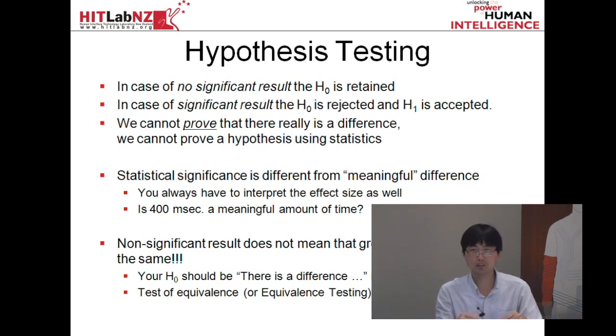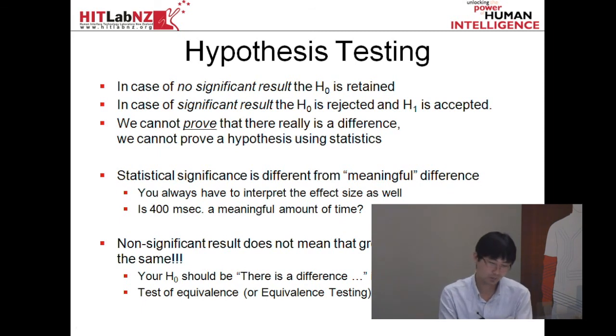So if you really want to say the two interfaces are equal, then that becomes the alternative hypothesis, and your null hypothesis is that there is a significant difference between the two, and there are different statistical procedures you have to go through to check if those two are actually equivalent or not.